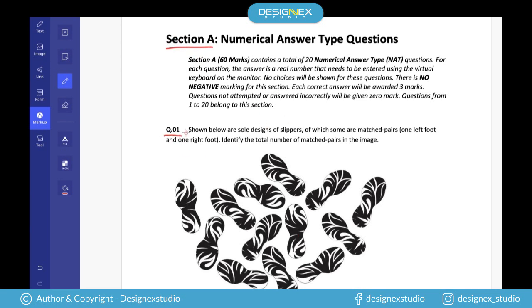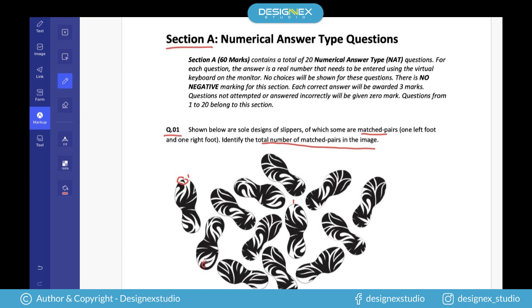Okay, so question one. You have to match the identical pairs and identify the total number of matched pairs in this image. Here this one is matched with this one. You can see this thing. If you only match the above part, that will be fair enough, you'll be able to get through.